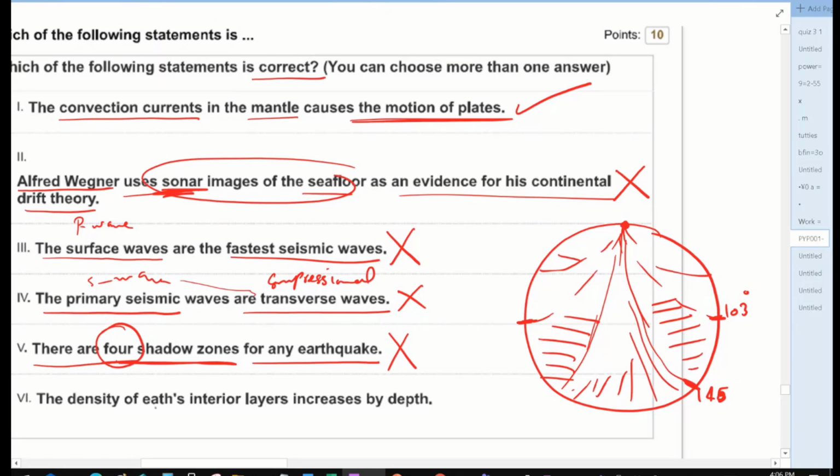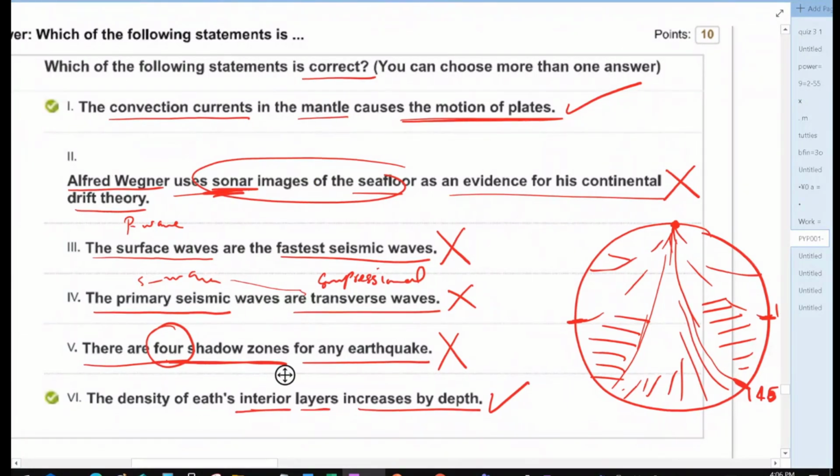The density of the Earth's interior layers increases by depth. Huh? The density increases when you go inside. Yes. I think. Yeah, normally because of the pressure. The pressure increases, density increases.